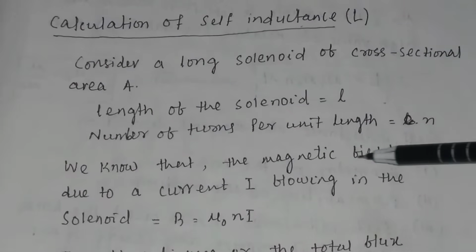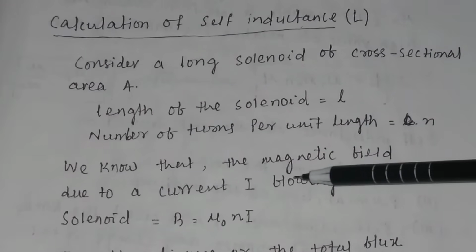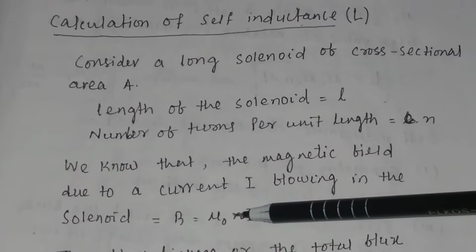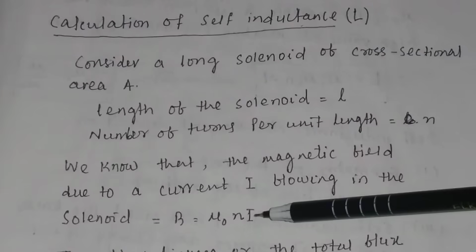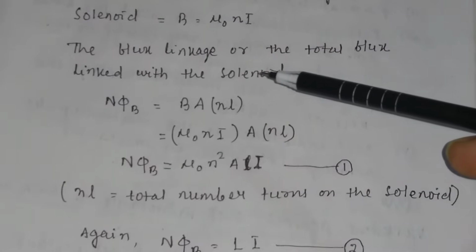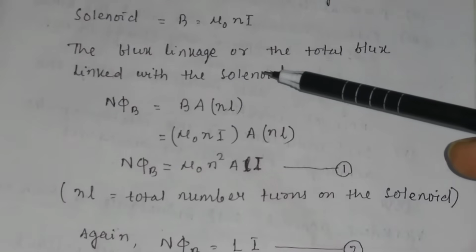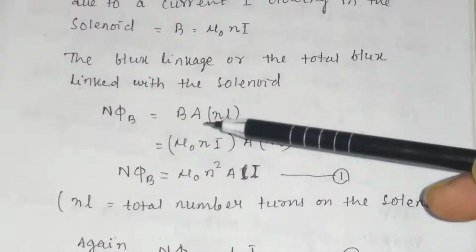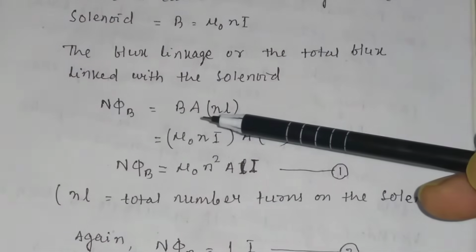We know that the magnetic field due to a current I flowing in the solenoid, B, is given by the relation μ0 n I. The total flux linked with the solenoid will be equal to the product of B and A.